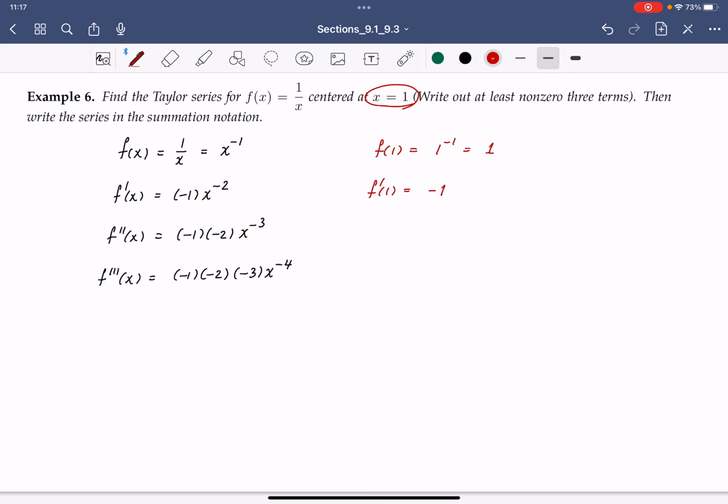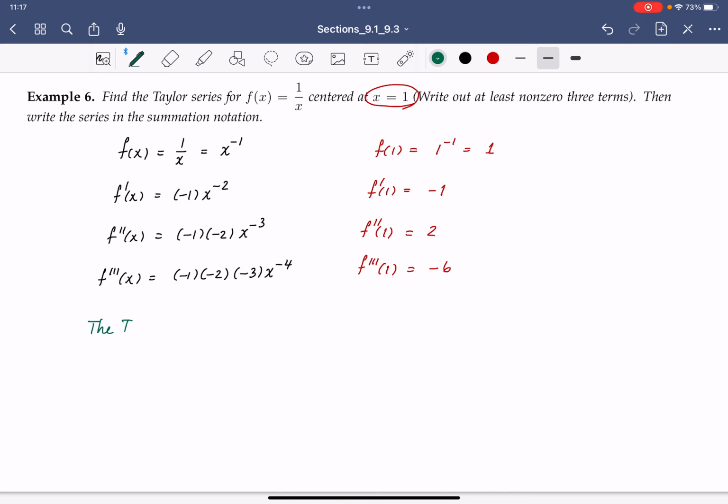So f double prime at 1 is going to be 2, and f triple prime at 1 is going to be -6. So you actually have all the numbers here, and now you can write the Taylor series.